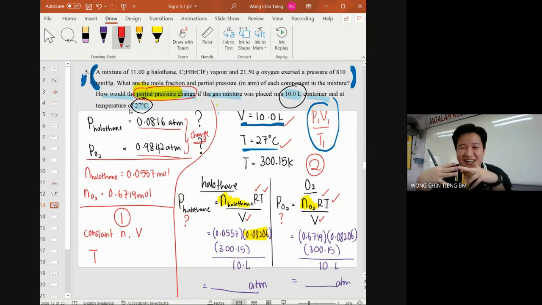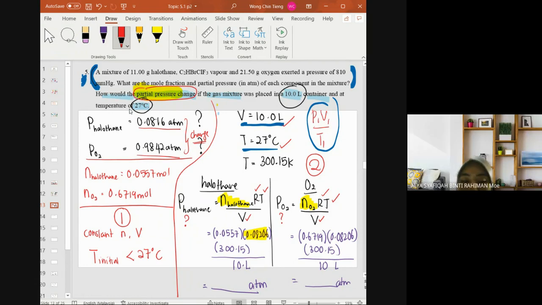Alright. Alia say your initial temperature, your T1 before the changes, is lower than 27 degrees Celsius. Yang lain? Setuju? Kenapa temperature lower? Alia, can you explain a bit? Sebab dekat second condition tu dia punya pressure lagi tinggi.